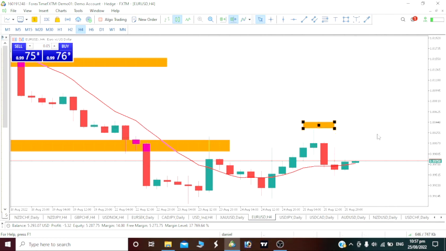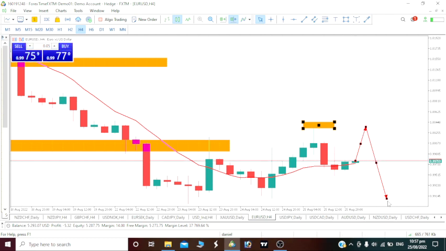If not, we might see a little bit of a rally movement upward and a drop. Exactly what might currently happen on our Euro USD, a little bit of a rally movement upward, then a good drop.